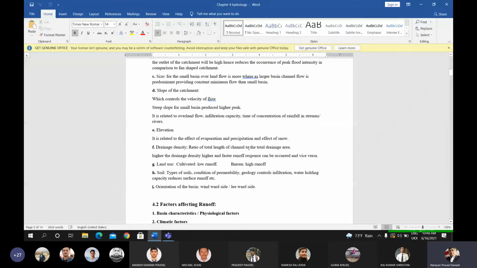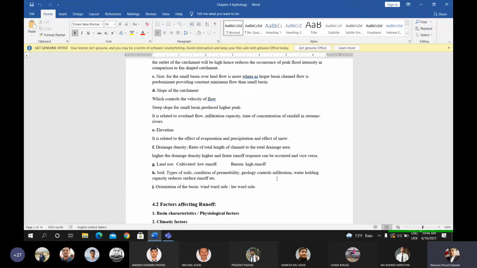Okay, cultivated land has low runoff, and for the barren land where no cultivation is done, that may be high runoff, because the soil particles are compacted by the rainwater, and there is no vegetation cover in the barren land.